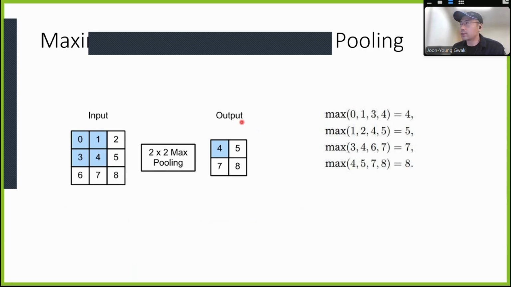I'm not saying that max pooling itself is defined as adding nonlinearity to the model, but we can think of max pooling as introducing some aspect of nonlinearity, because we're not scaling or shifting from the input to the output. We're just picking the highest one.